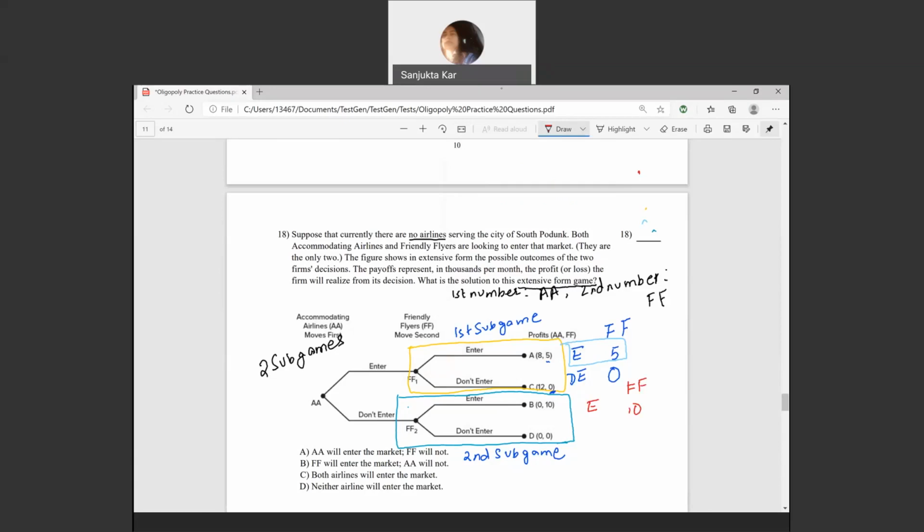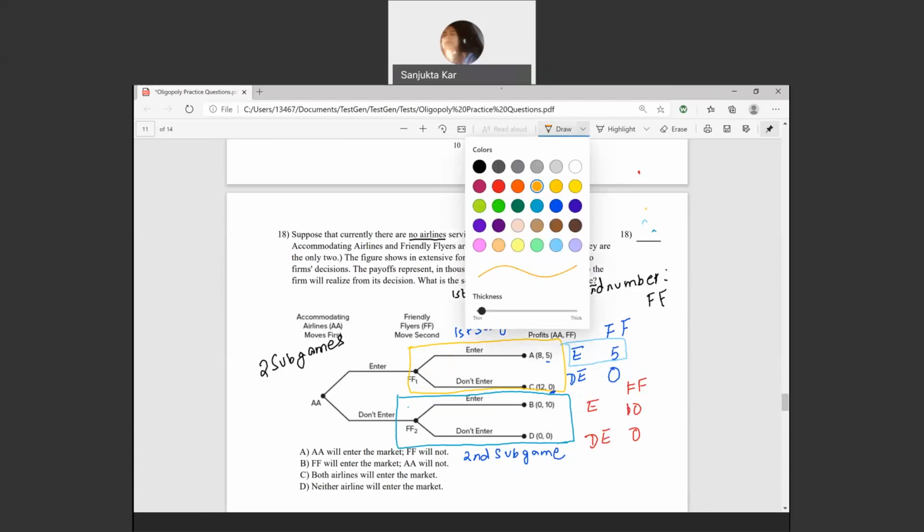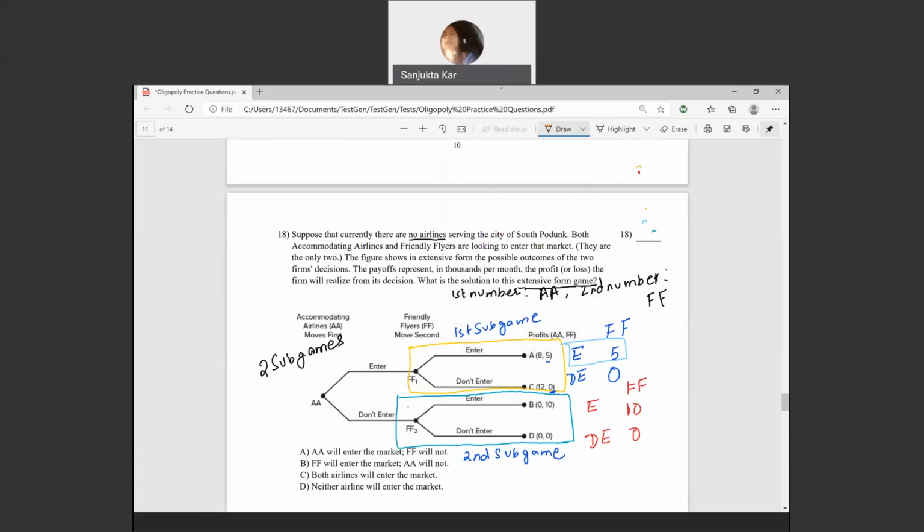If FF does not enter, don't enter, the profit will be equal to 0. So FF is definitely going to choose to enter because 10 is greater than 0.